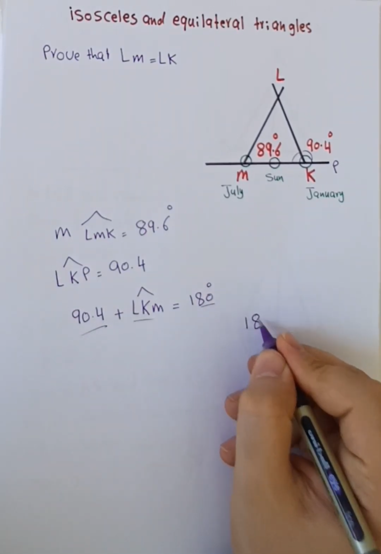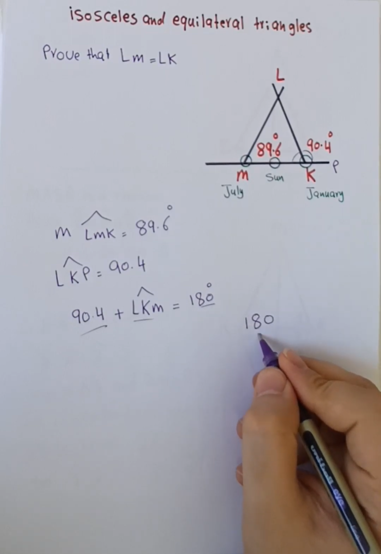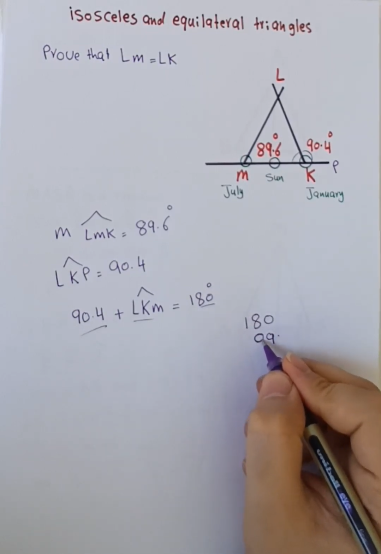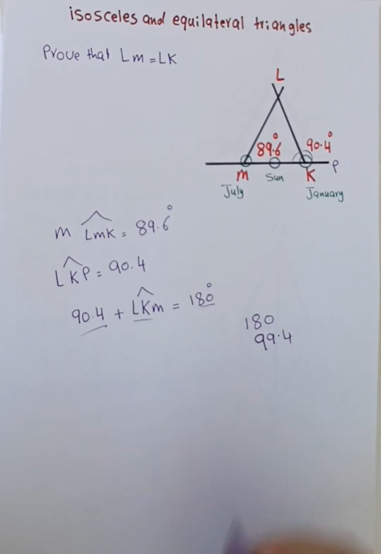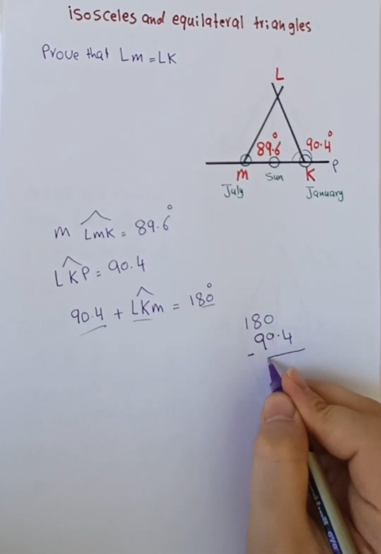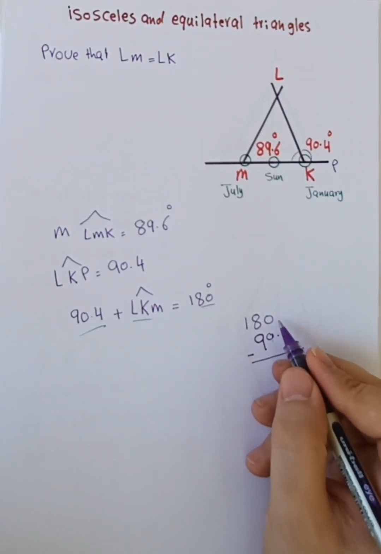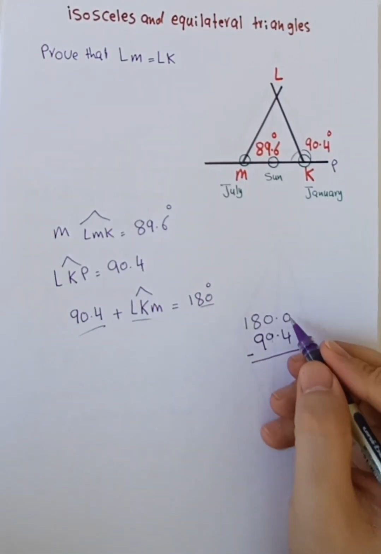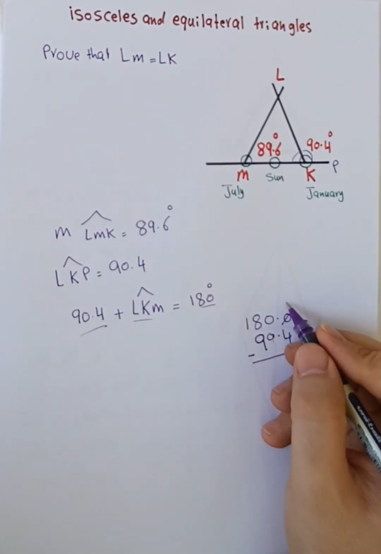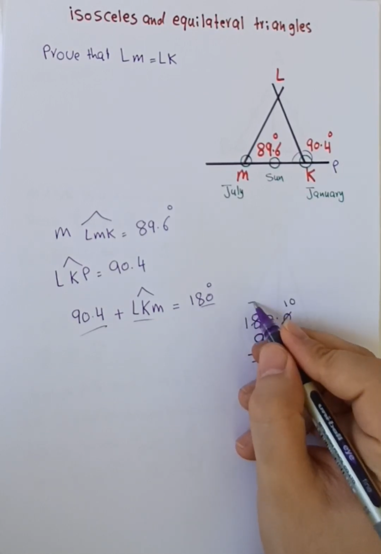So we have to subtract these two numbers for finding the measure of angle LKM. So 180 minus 90.4. You write a decimal point and 0. This 0 becomes 10, and this 8 becomes 7.